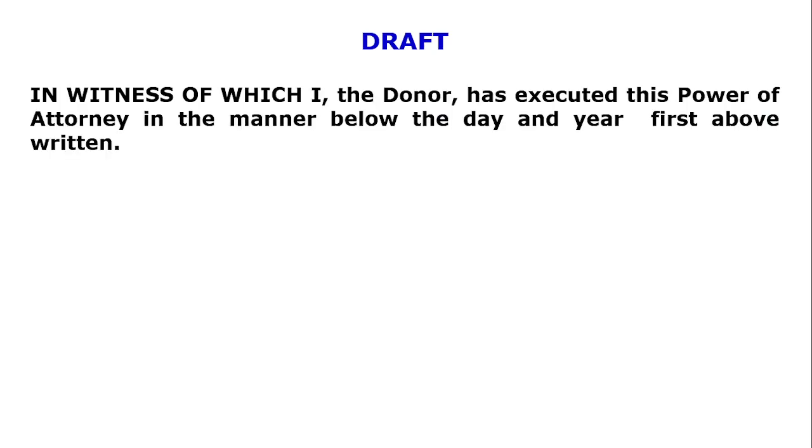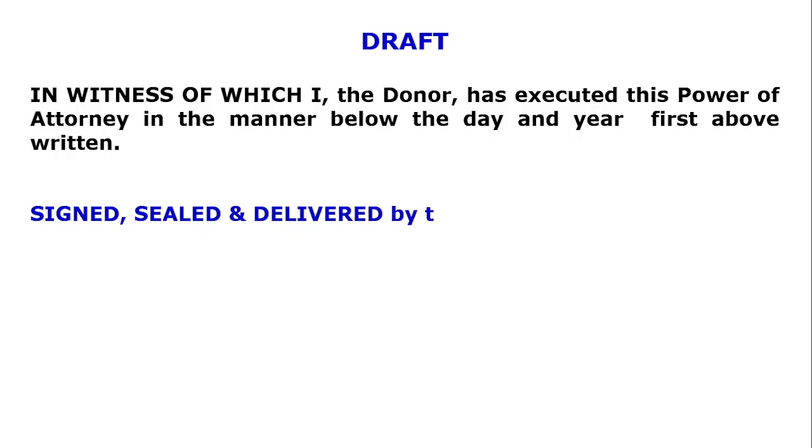And of course, you first write your testimonium. When you are done writing your testimonium, then you draft the execution clause as signed, sealed, and delivered by the within named donor. What if the power of attorney was not to carry out any power required to be done by deed? Then it is to be signed and delivered.